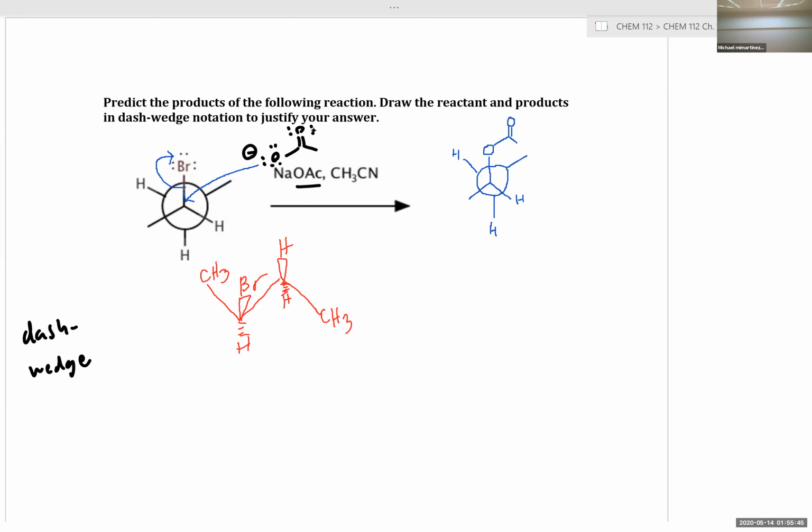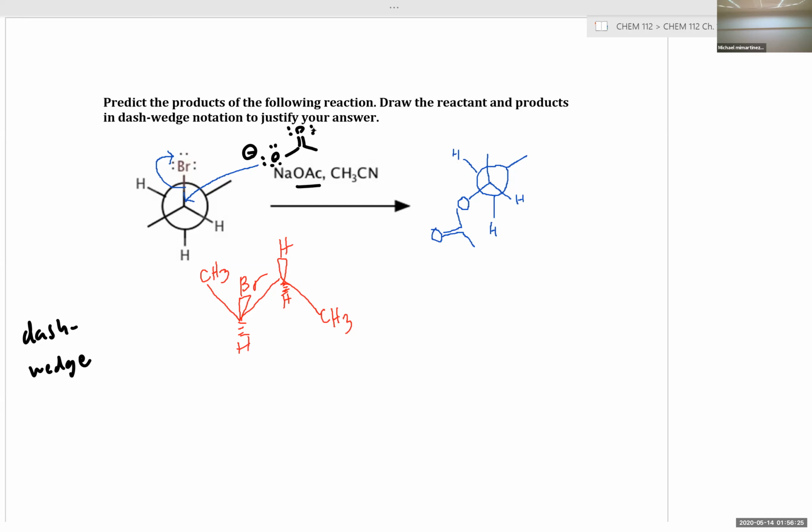And SN2 reactions occur with an inversion of configuration. Yeah, yep. Or you can draw it where the acetate is pointing down and one of the methyls is pointing up. That's another way of drawing it. Yep, both are fine.